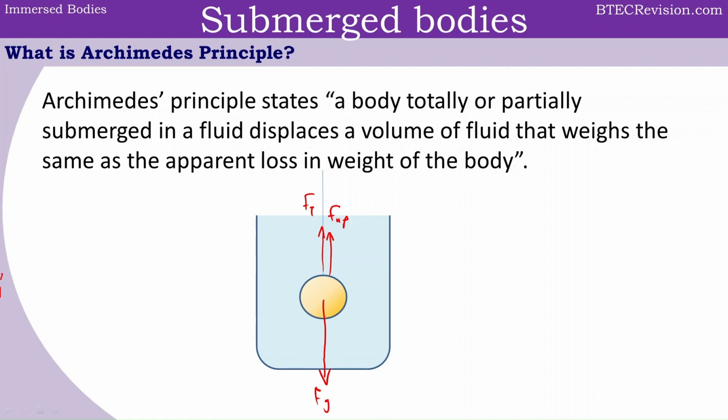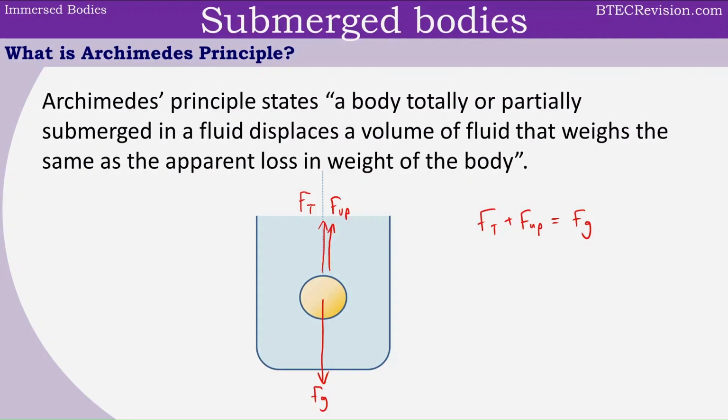If we consider this object to be in equilibrium, then we can say that the force due to the tension plus the force due to the upthrust is going to be equal to the force due to gravity. And we can calculate the forces using our equation for hydrostatic thrust. If you remember that, we have F equals rho g A x.